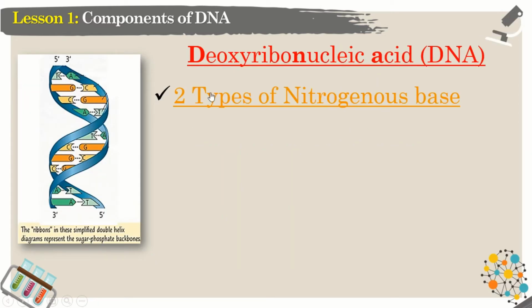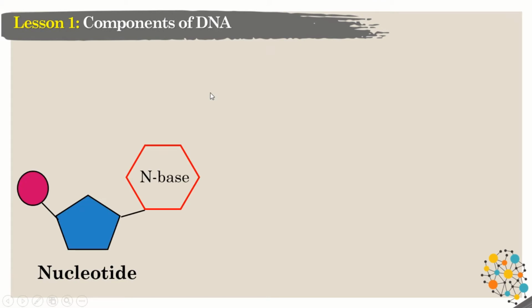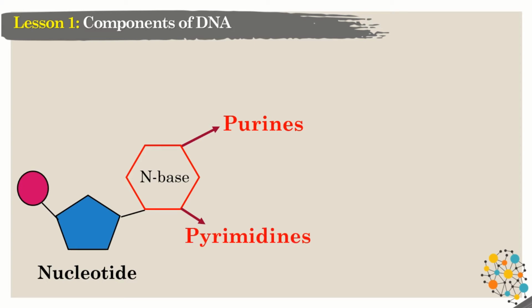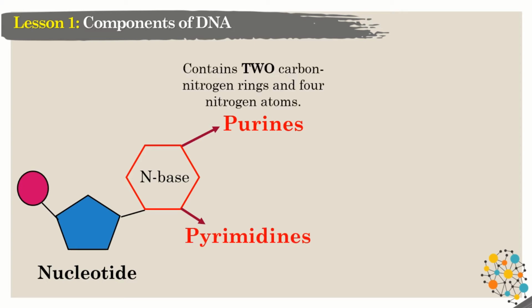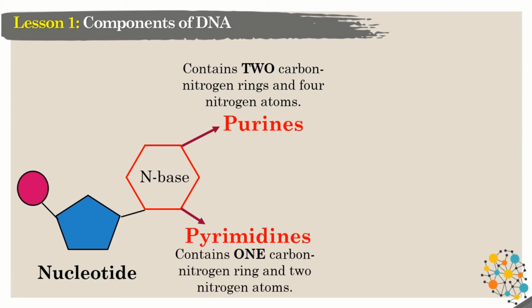Okay, for the types of nitrogenous base, there are two types. The two types of nitrogenous base are known as purines and pyrimidines. Purine contains two carbon-nitrogen rings and four nitrogen atoms, while pyrimidine contains one carbon-nitrogen ring and two nitrogen atoms.